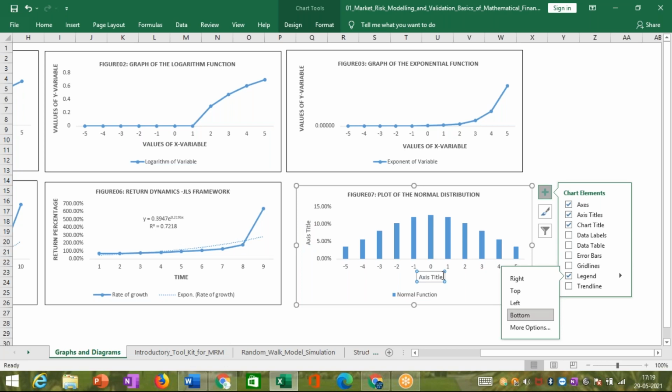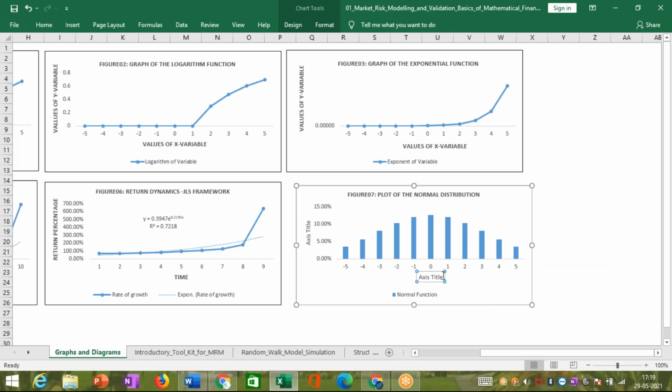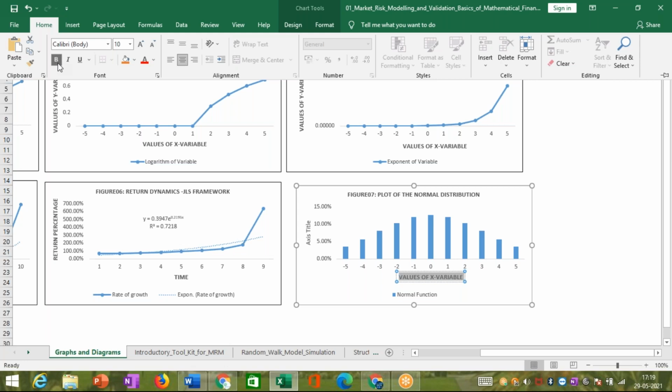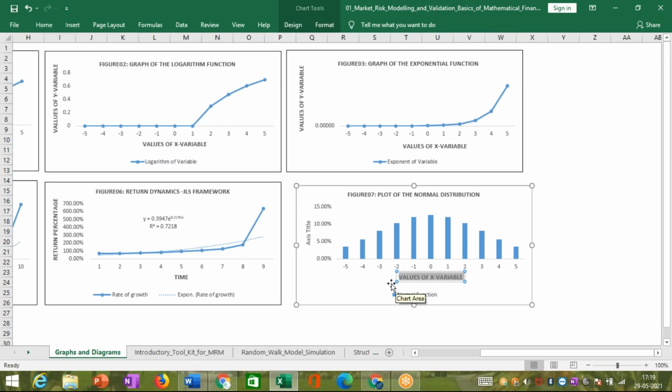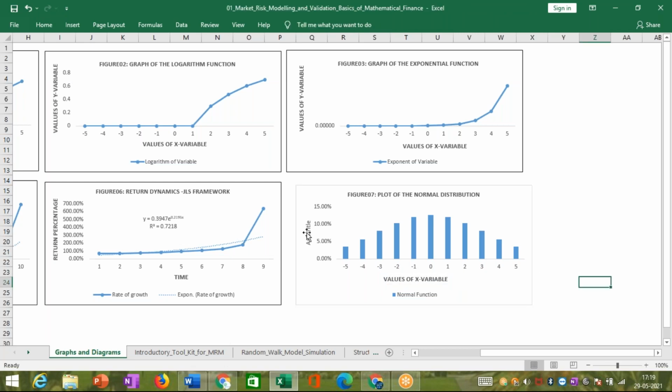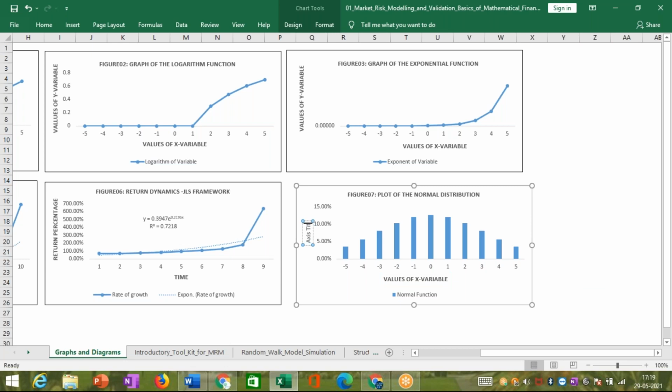Over here we have the values of the x variable, and over here what I have is the y variable.